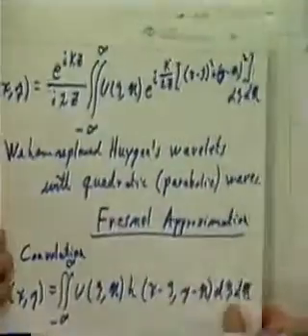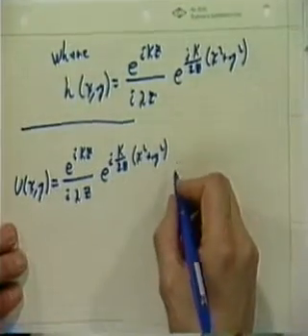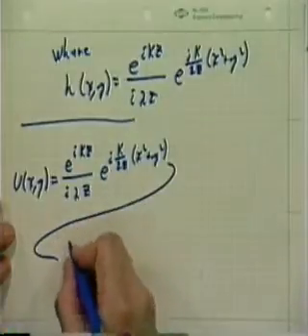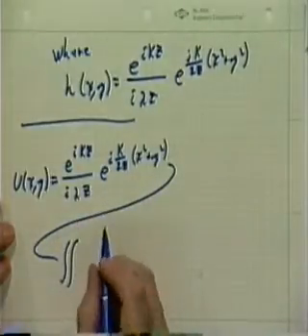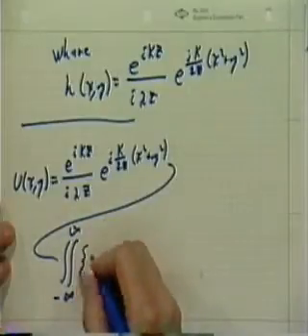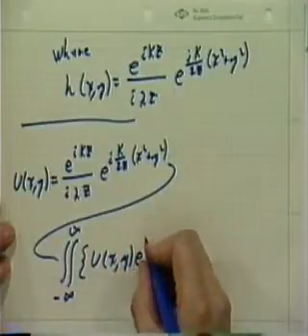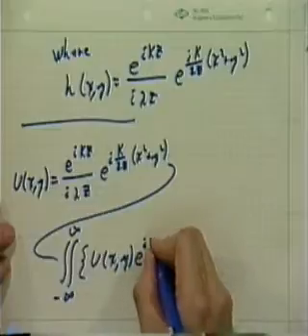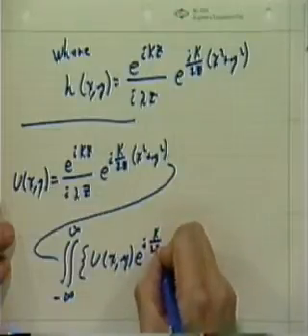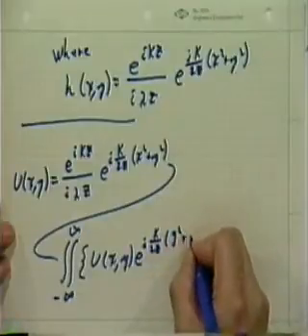So I'm simply taking this and multiplying this out here. Okay. So we have this thing out in front times the integral of u of squiggle and eta, e to the i k over 2z squiggle squared plus eta squared.